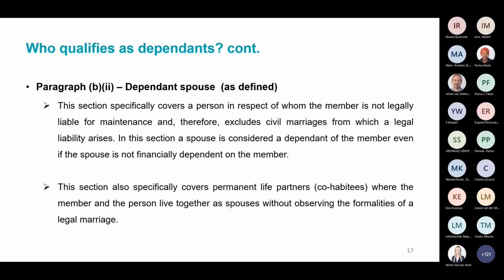They prefer cohabiting or having a permanent life partner for an array of reasons. And it's so that these dependents are also not left in an invidious position once that member dies, in terms of not having the necessary support that they may require.